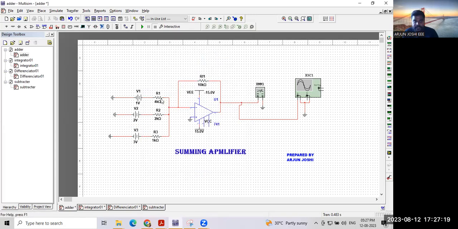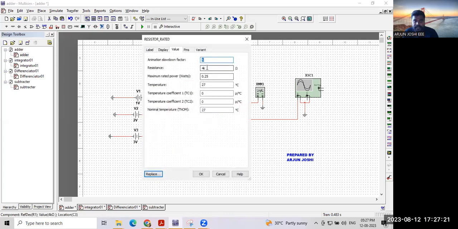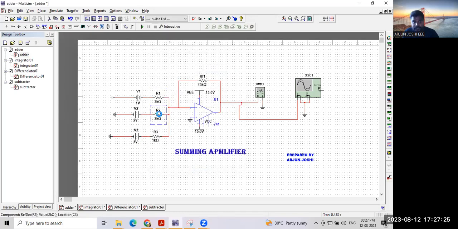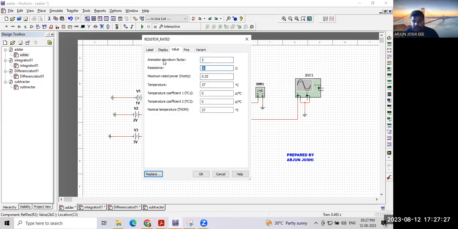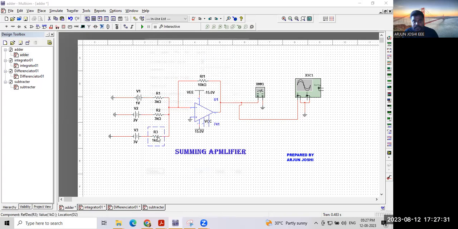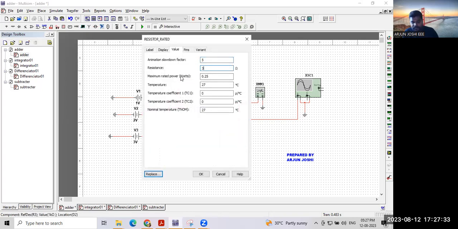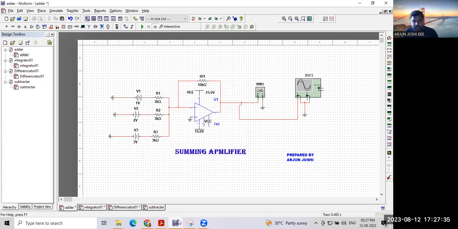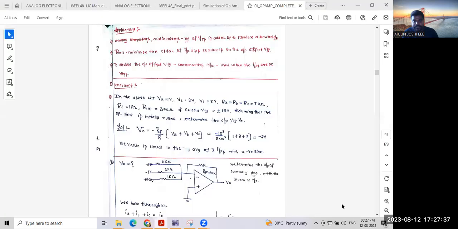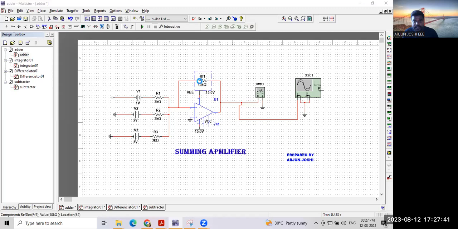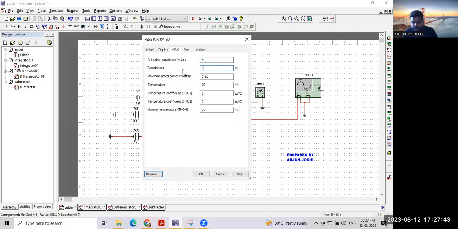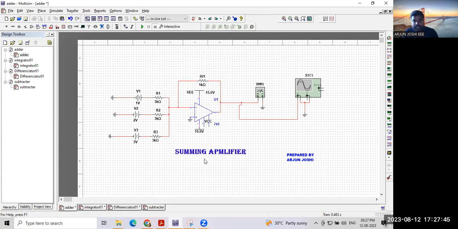What is the resistance value? All are the same value, 3K. What is the feedback resistance value? The feedback resistance value is 1 kilo ohm.